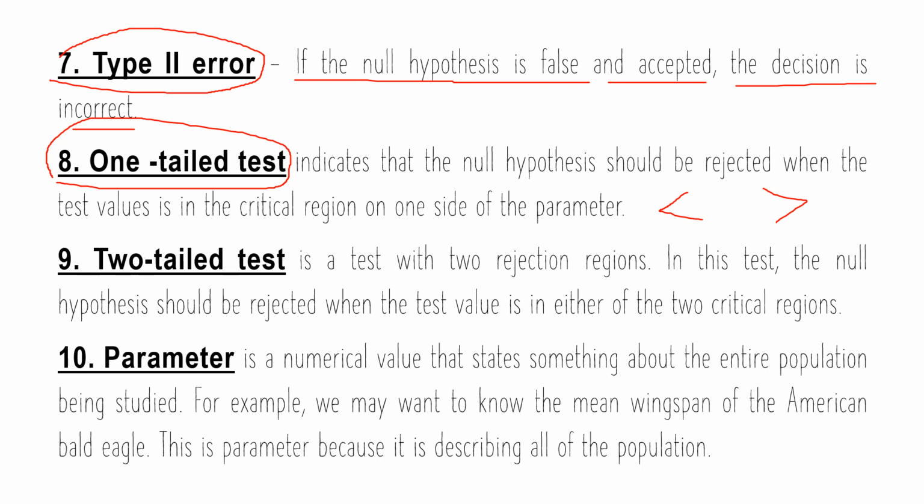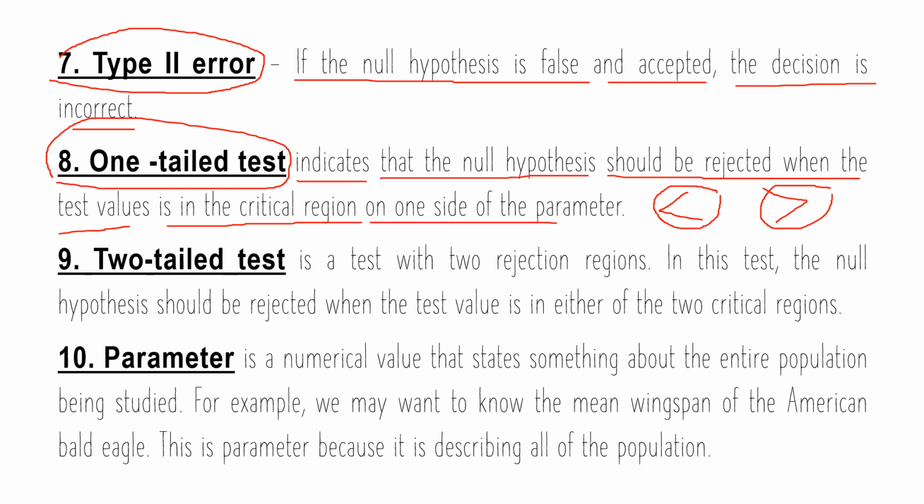That means the given problem needs to be tested using a one-tailed test because there is a given condition which is less than or greater than. This one-tailed test indicates that the null hypothesis should be rejected when the test value is in the critical region on one side of the parameter.